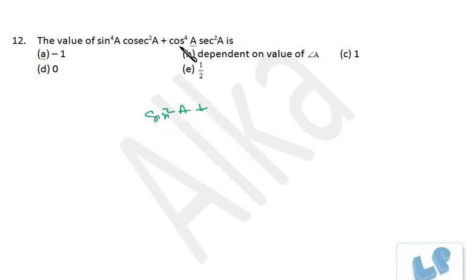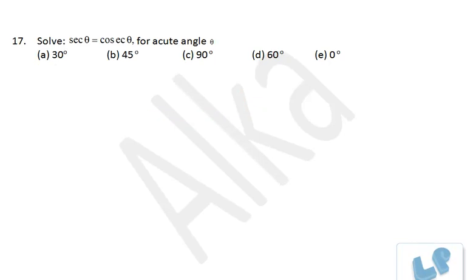Similarly over here, cos^4 a is actually cos square a into cos square a, so cos square a into sec square a will be 1, so we are left with only cos square a. Sin square a plus cos square a, this expression is not dependent upon the value of a. In any case, whatever the value of a, sin square a plus cos square a will be 1, right? Matter of 15 seconds.